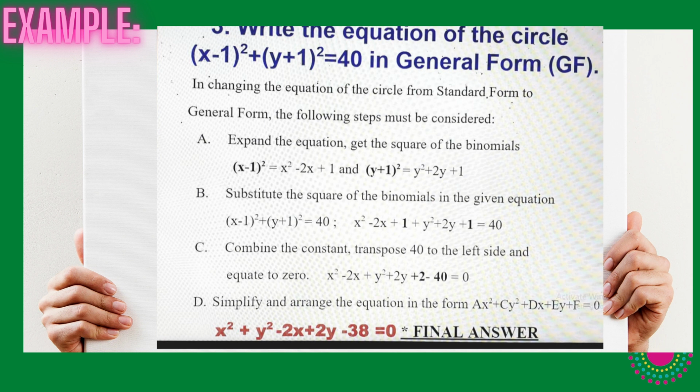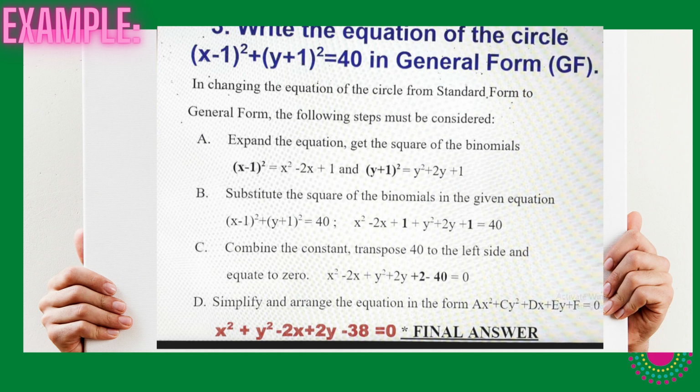Okay, for the next step, substitute the square of the binomials in the given equation. Remember, the given is x minus 1 quantity squared plus y plus 1 quantity squared equals 40. So let us substitute the square of binomials for x minus 1 quantity squared, x squared minus 2x plus 1, plus y plus 1 quantity squared equals y squared plus 2y plus 1 equals 40.